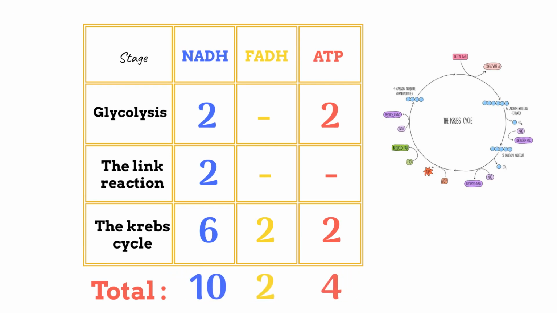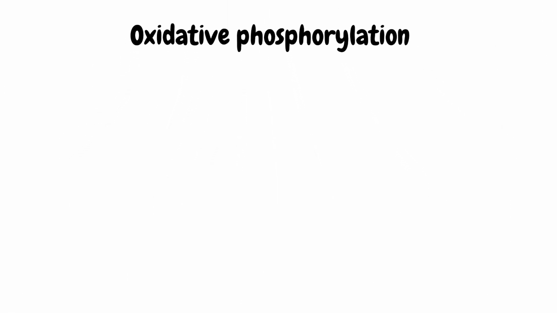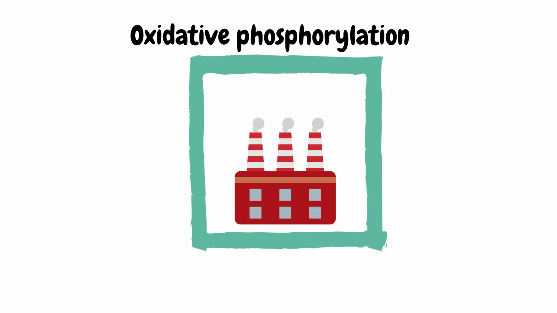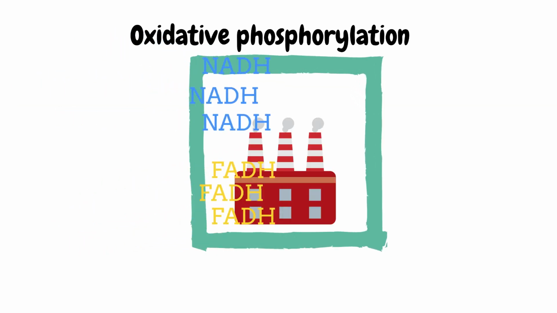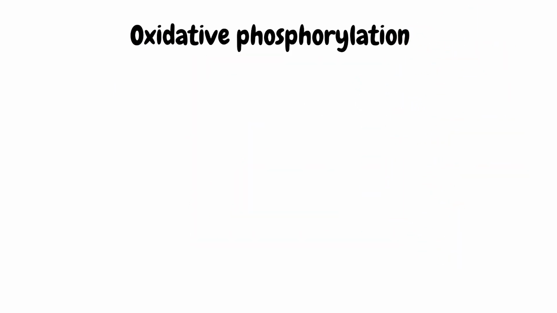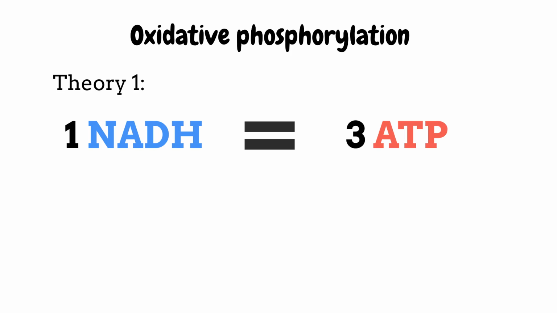Now, coming to the interesting part where books seem to disagree: oxidative phosphorylation. Oxidative phosphorylation doesn't actually produce anything new. Its job is just to convert all the reduced NADs and FADs into ATPs. Some books say that for every 1 reduced NAD, we get 3 ATPs by oxidative phosphorylation.